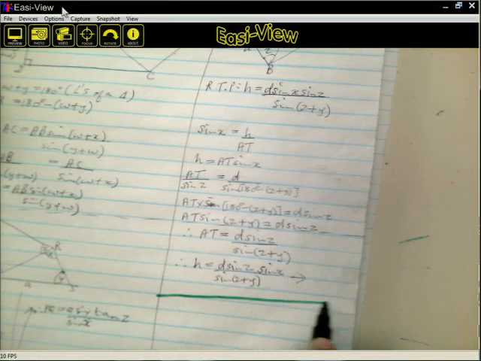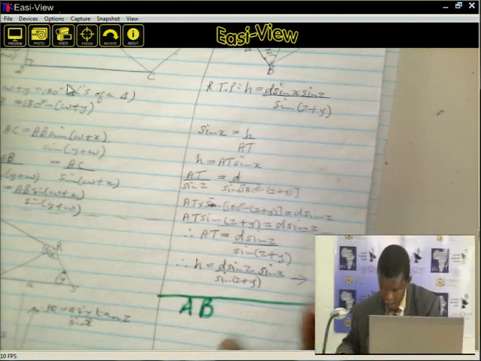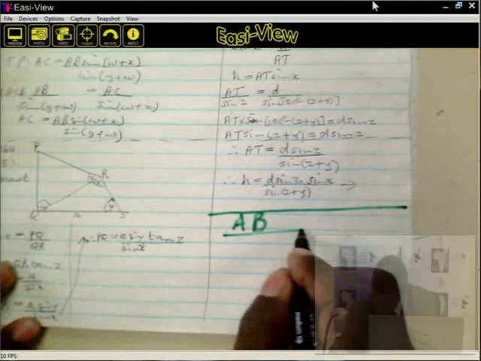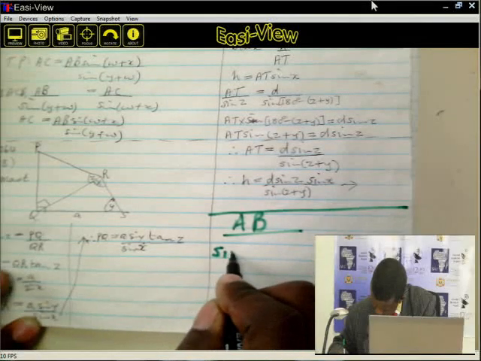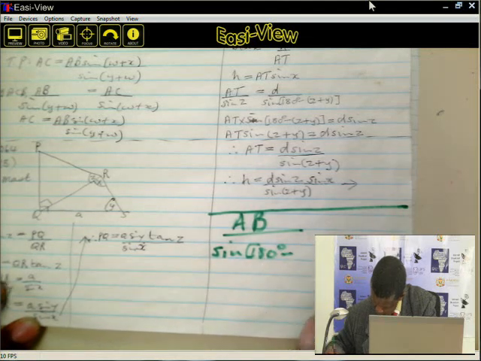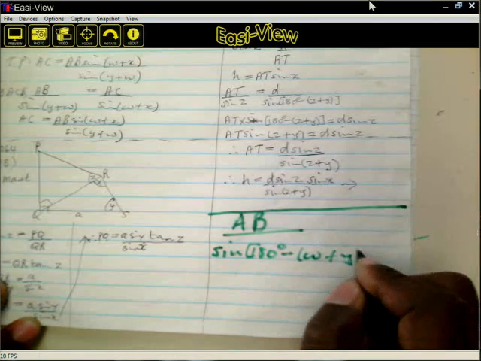Where does all this come from? It is actually AB over the sine of 180 minus (W plus Y).